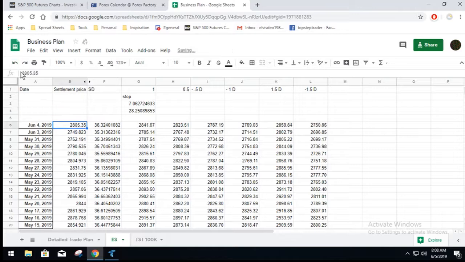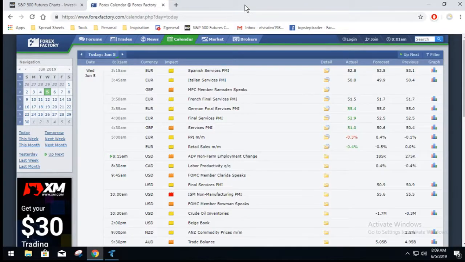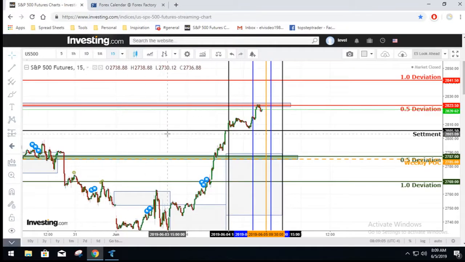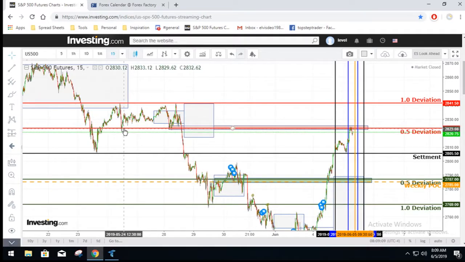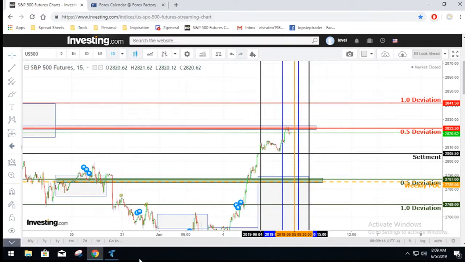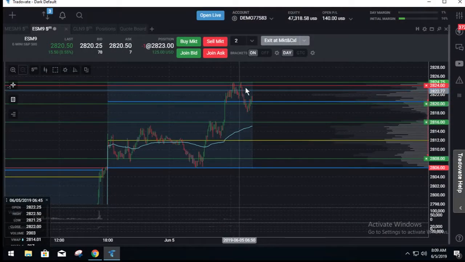make sure that you have a plan, a system that works most of the time. So this is your deviations for today, 0.5, which is 23.5. Notice where it's located. We were looking for that range to get into the market. We are in the market right now on a single, looking for the 24s.